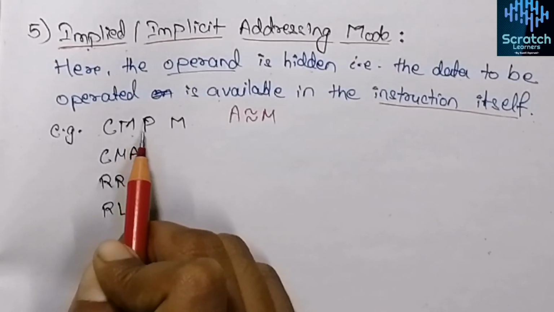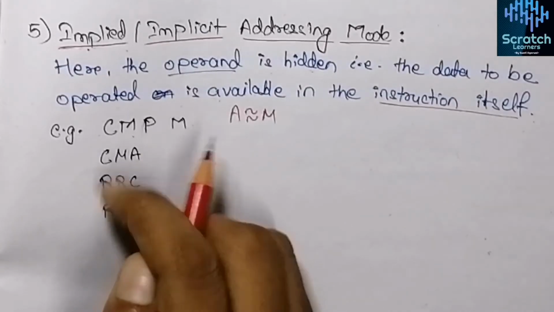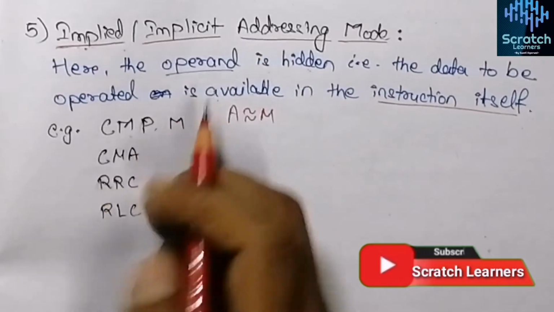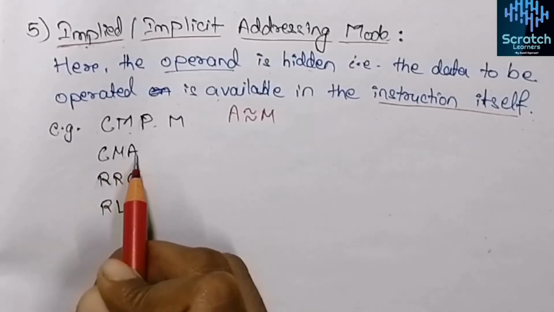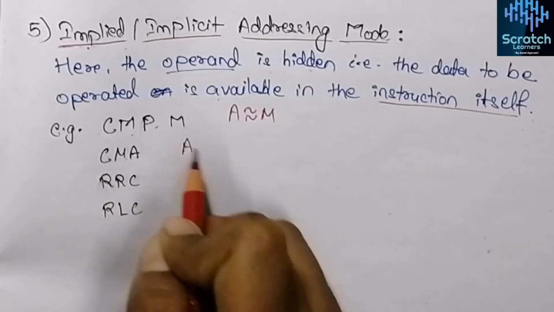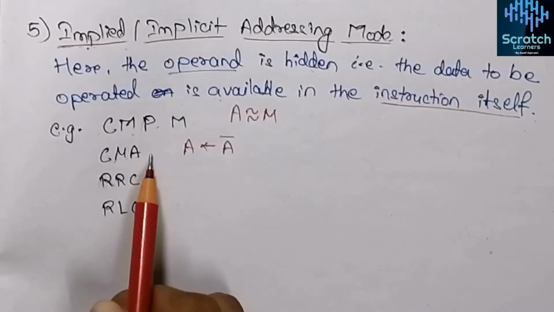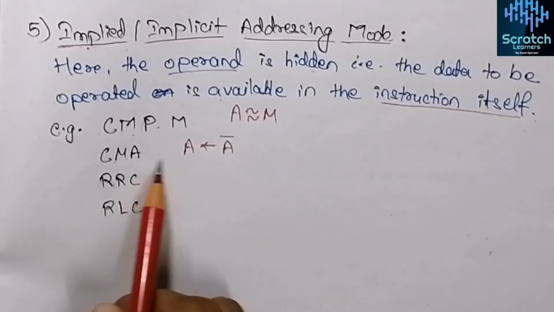So here you can see that the accumulator is not being provided explicitly. It is already being provided with the instruction. So this is implicit addressing mode. In the same way, we have CMA. That means this instruction will complement the content of the accumulator. Here also we don't need to provide the accumulator in the operand field.